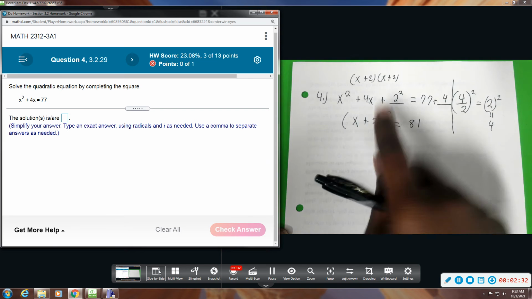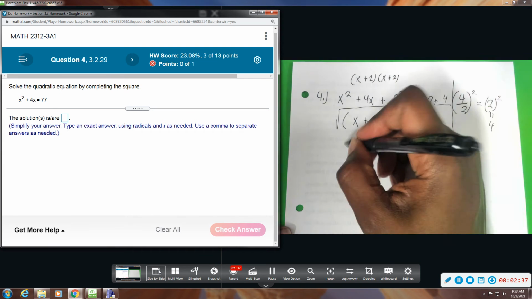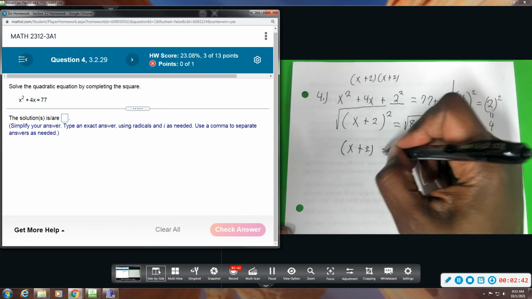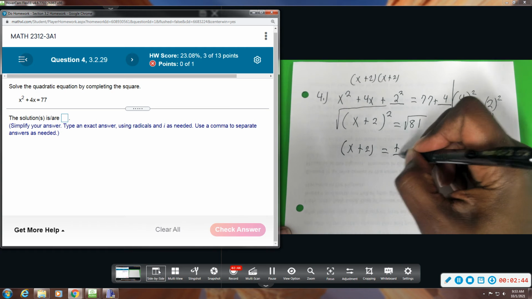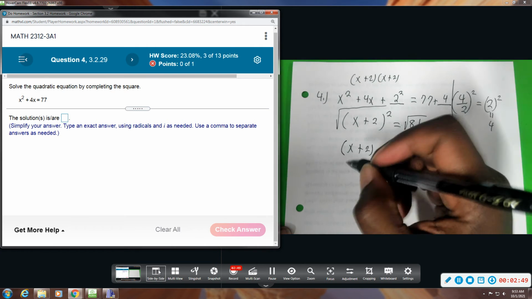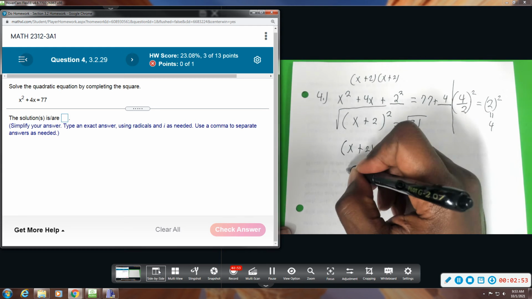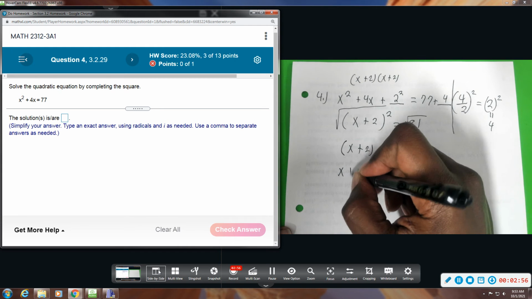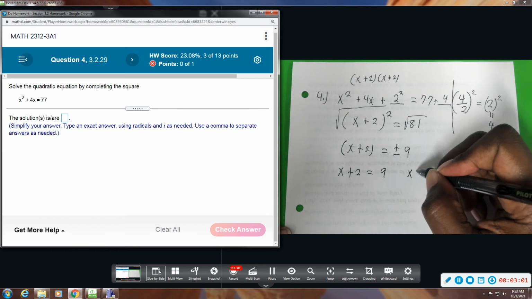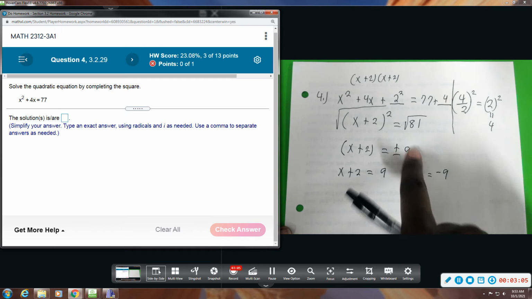So to get rid of the square, we're going to take the square root of both sides. That will get rid of the square, so we'll just have x plus 2 equals, now when we do the square root of 81, you've got to remember positive or negative, and then the square root of 81 is 9. Alright, so from this point, I will do x plus 2 equals 9, and then x plus 2 equals negative 9, because we have a positive or negative.